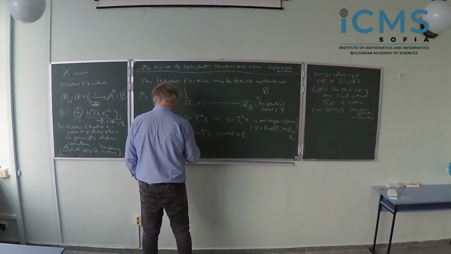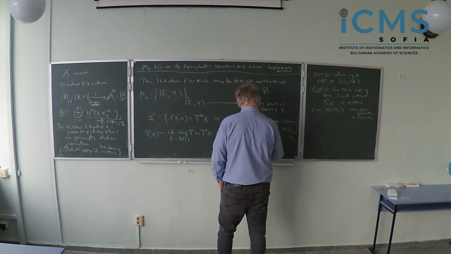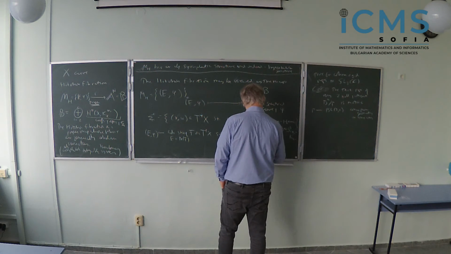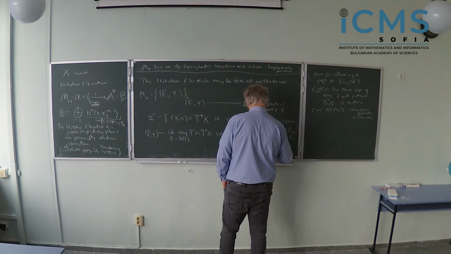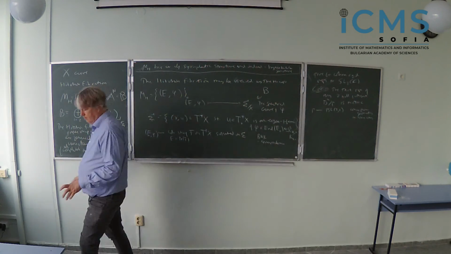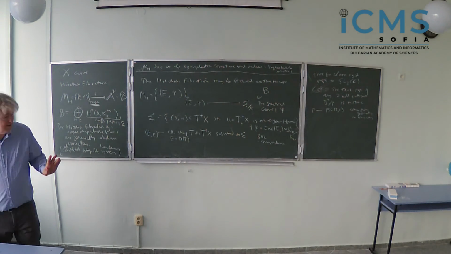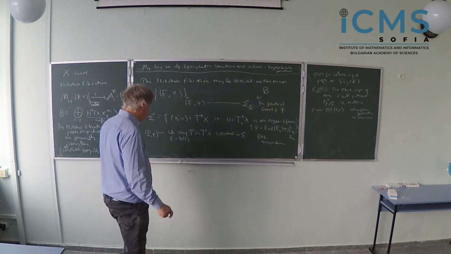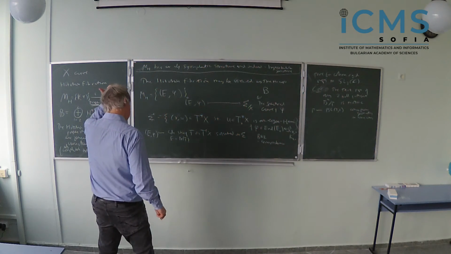This is called the Beauville-Narasimhan-Ramanan correspondence. Okay, so that's the spectral curve.